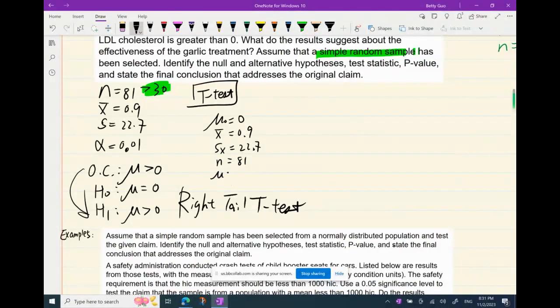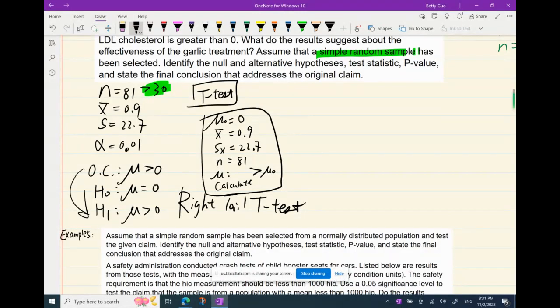We're going to do right tail, so it's bigger than mu sub 0, and then calculate. Make sure you have those taken care of in the calculator. This is 0, this is 0.9, this is 22.7, this is 81, bigger than mu sub 0.